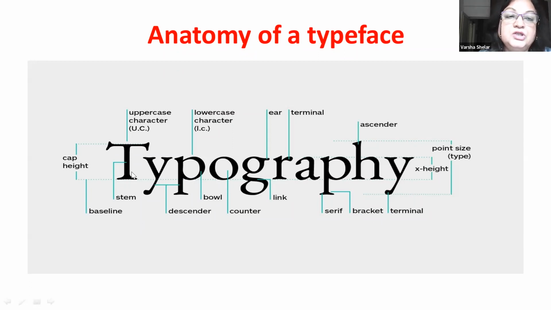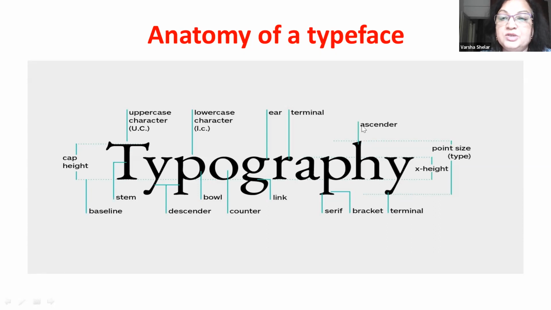Okay. So what is a stem? As the image shows you, the vertical stroke. Then these lower strokes of Y, P are descenders. And as you see, when the stroke goes up, it is called the ascender. It's just simple terminology, ascending and descending.